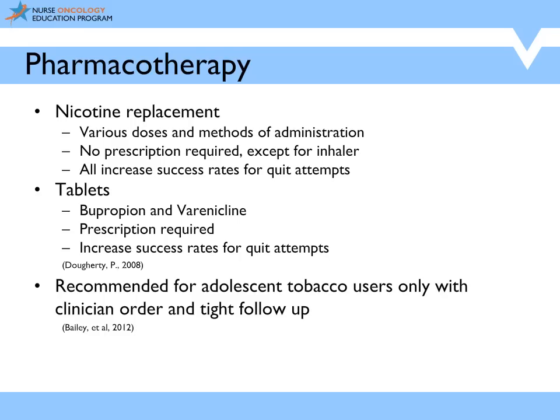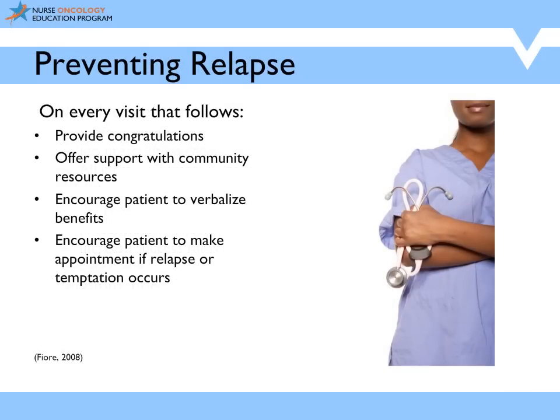NRT and other pharmacotherapy have been used in adolescents and actually shown a positive impact, but there haven't been any long-term studies to prove overall effectiveness. So if they are used for adolescents, there should be tight follow-up with the clinician.